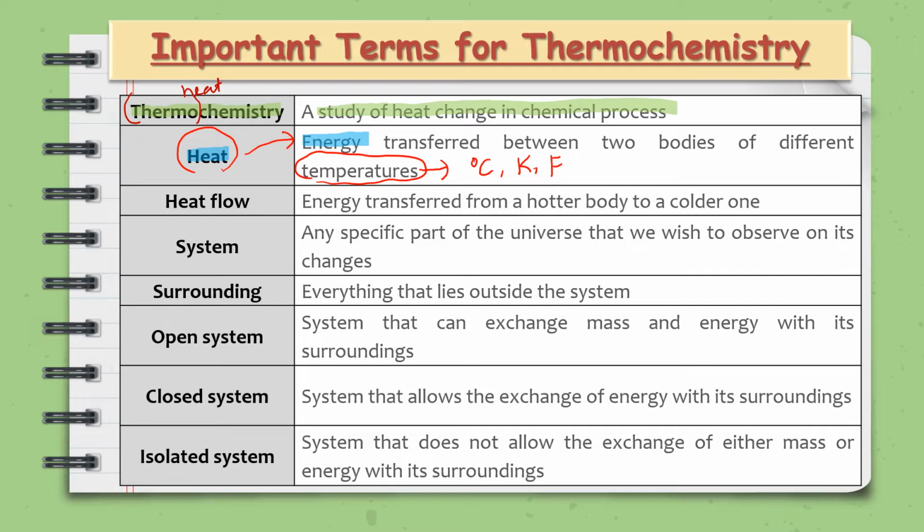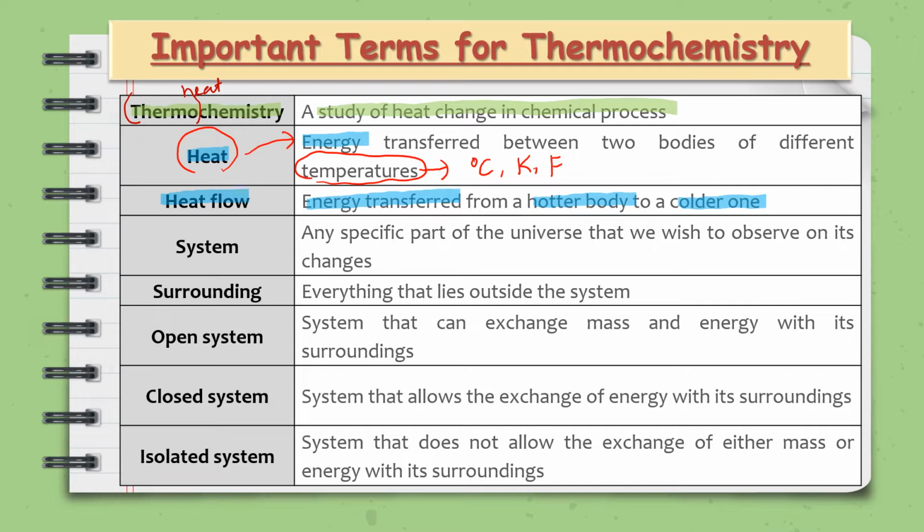Now, the next part, we have heat flow. For heat flow, it's energy transferred. When we talk about energy transfer, it will always be from a hotter body to a colder one. Heat will flow from higher temperature to lower temperature, and it will always be like that.